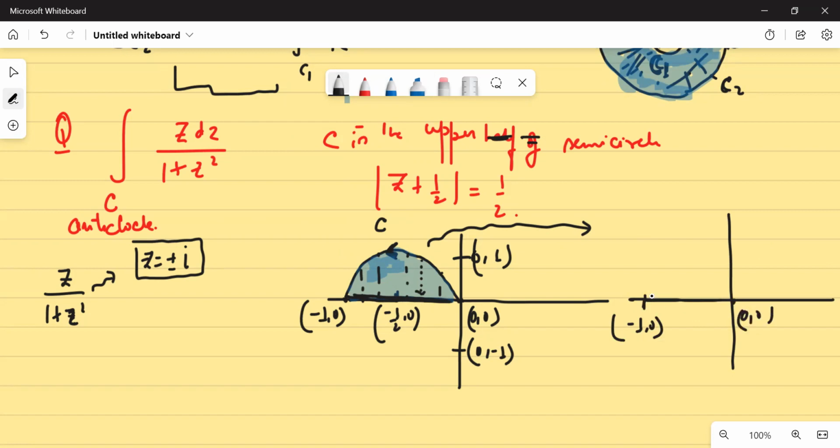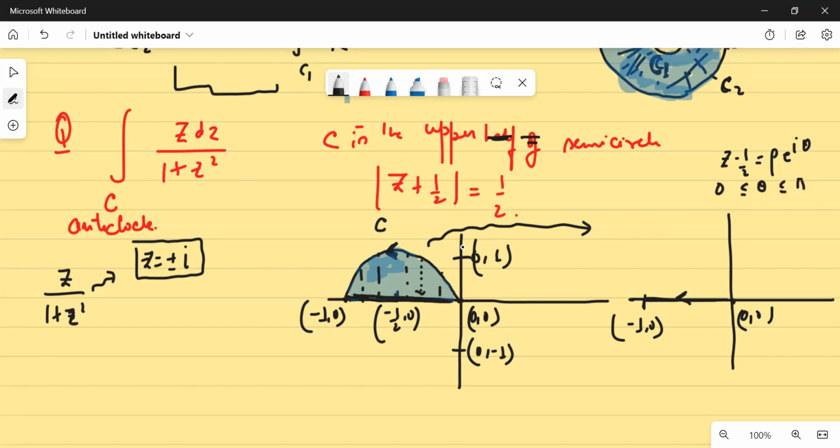Simply this. So instead of integrating over this curve C, which is very difficult to do right now, because you would have to take z as some parametric coordinates. If I'm not wrong, it will be z minus half is equal to rho e to the power iota theta, with theta lying between pi to 0.